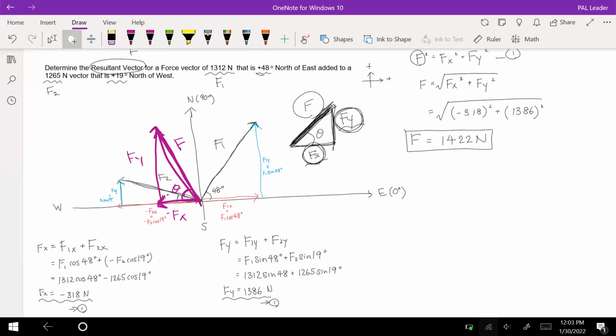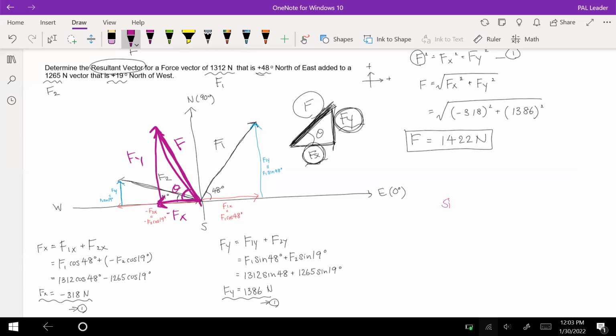We can use sine, cosine, tangent, whatever. I don't think I've used cosine to find the angle yet, so I will do that here. So cosine. Wait, what did I just say? Did I say I was going to use sine? I'm going to use sine.